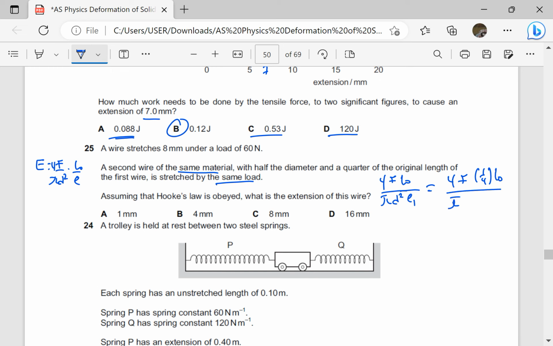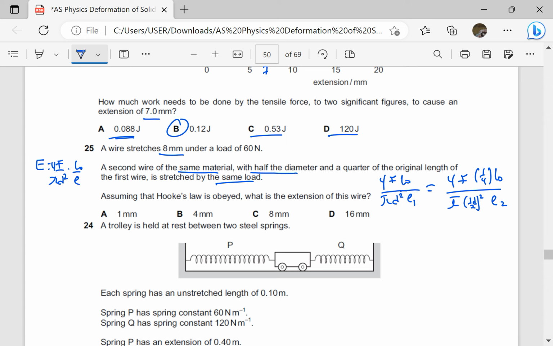Then the diameter of the second wire is half that of the first wire, so this is going to be a half d squared. Then let the extension be E2. The extension of the first wire, remember, is 8 millimeters. The load is the same, so I don't need to add it there.